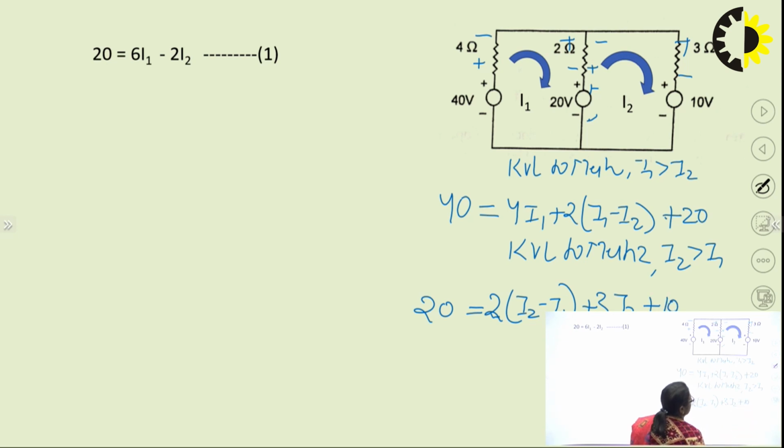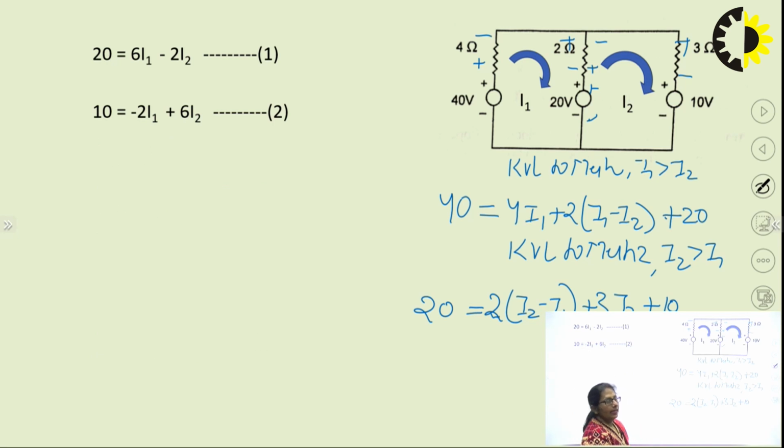Plus 10, 10 towards this side. So, the second equation I will be getting is 10 is equal to minus 2 I1 plus 6 I2. That is my second equation. I have got the two simultaneous equations.